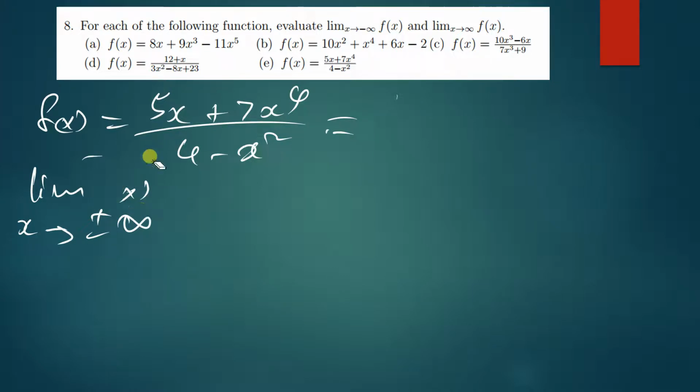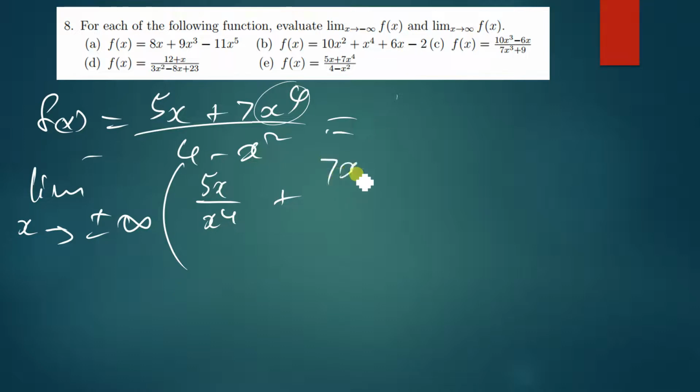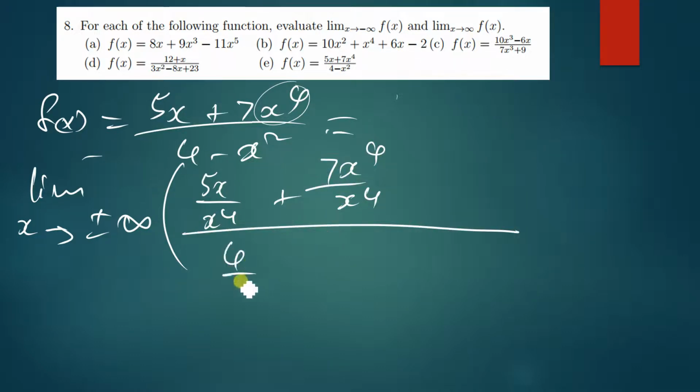Let me just do the division. I have 5x over x to the power 4, since the highest term there is x to the power 4, plus 7x to the power 4 over x to the power 4, and then everything divided by 4 over x to the power 4 minus x squared over x to the power 4.